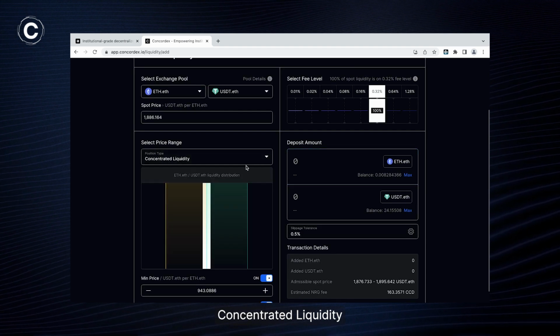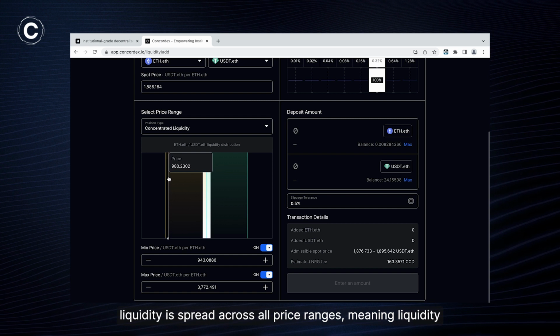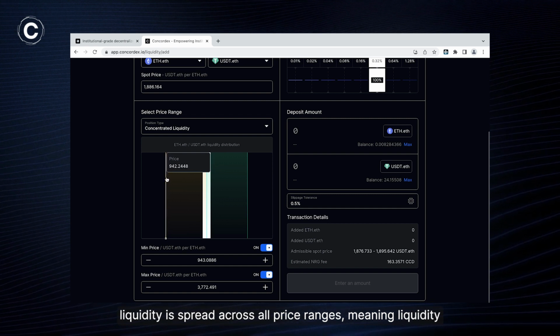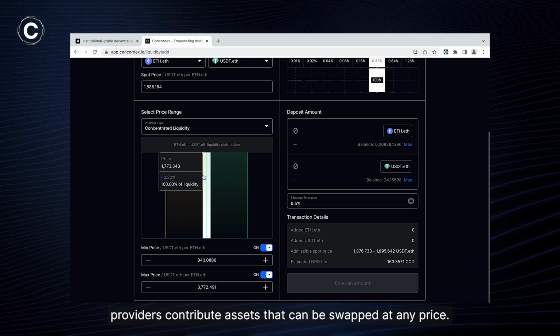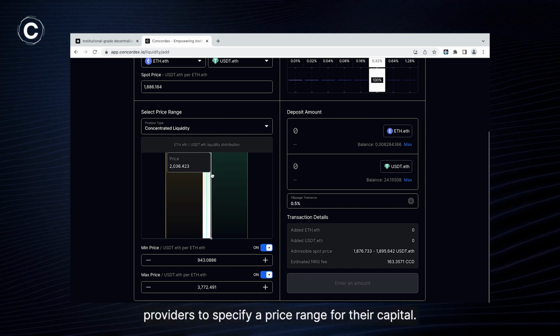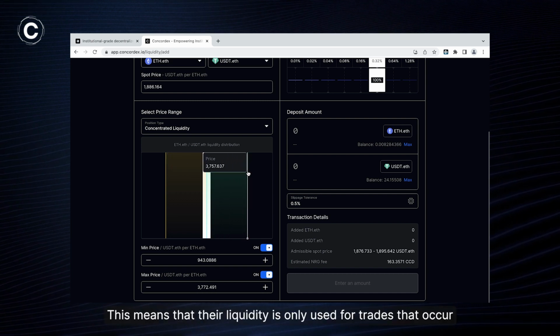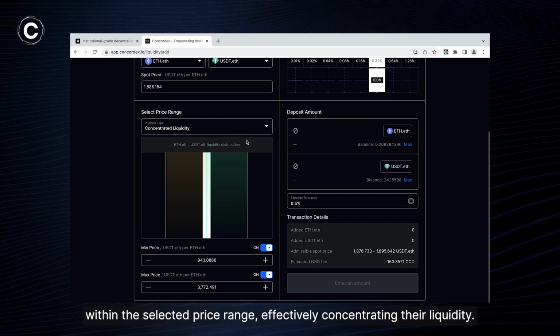Concentrated Liquidity. Traditionally, in liquidity pools, liquidity is spread across all price ranges, meaning liquidity providers contribute assets that can be swapped at any price. In contrast, concentrated liquidity allows liquidity providers to specify a price range for their capital. This means that their liquidity is only used for trades that occur within the selected price range, effectively concentrating their liquidity.